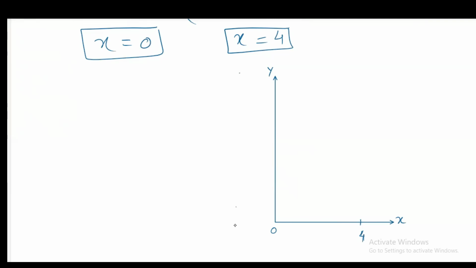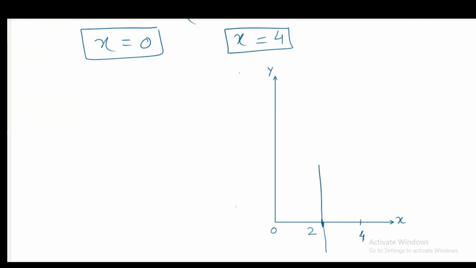Now draw the line of symmetry, which will pass through the midpoint. The midpoint is 2. So the line of symmetry will pass through the midpoint of 0 and 4.